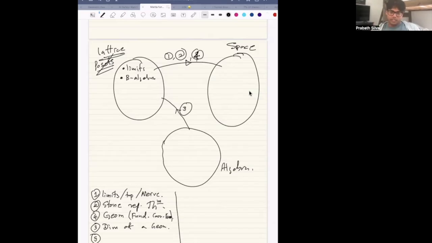The fifth topic is the spectral theorem. Spectral theorem for matrices, linear algebra.